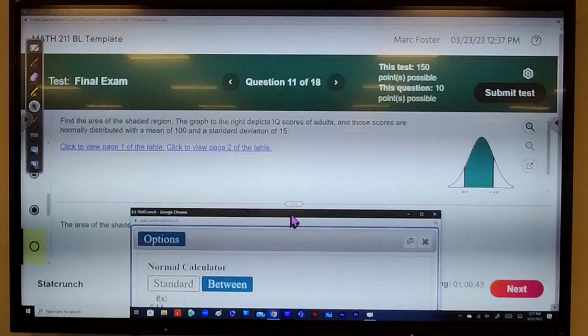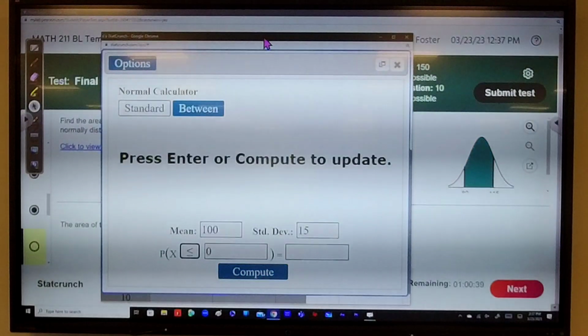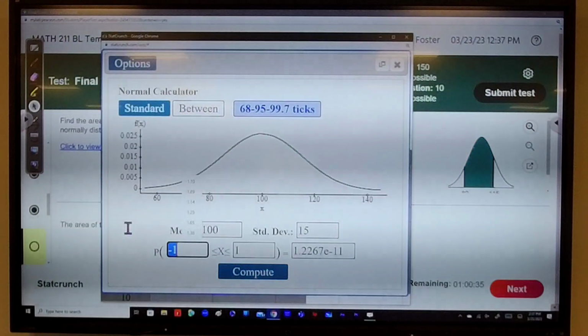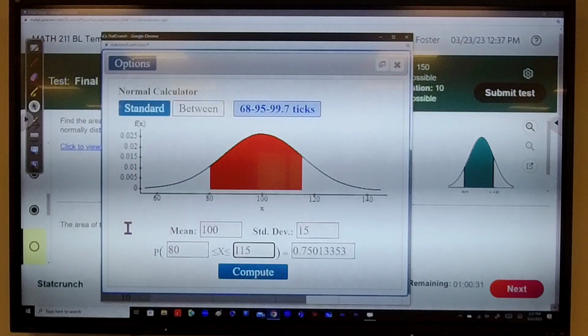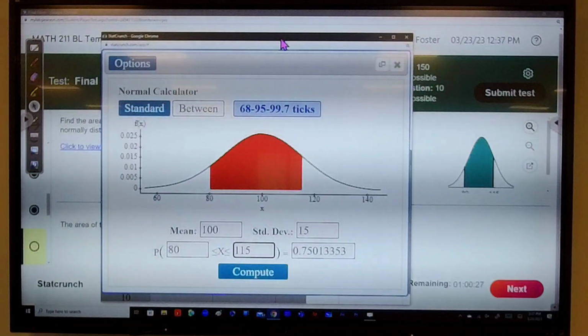My mean was 100 with a standard deviation of 15. And I want to look between 80 and 115. So 75%, 0.7501.